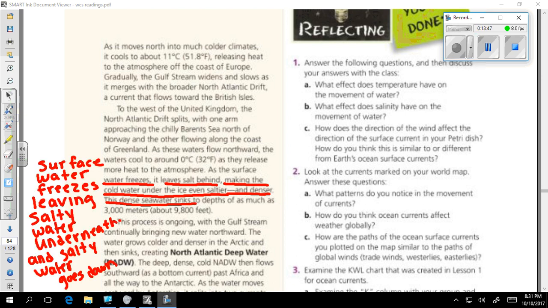So I want you to write on the side, the surface water freezes, leaving salty water underneath that ice, and that salty water goes down. Remember that the saltier the water, the more dense it is, the heavier it is, and so that salty water sinks down. Here.